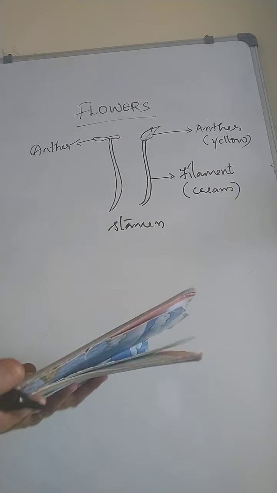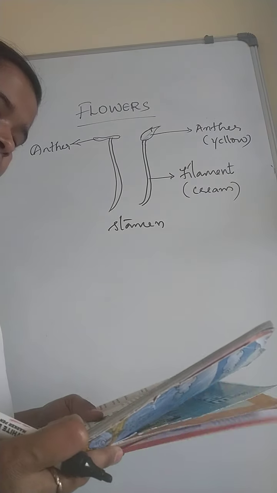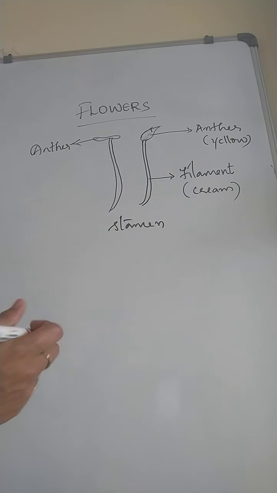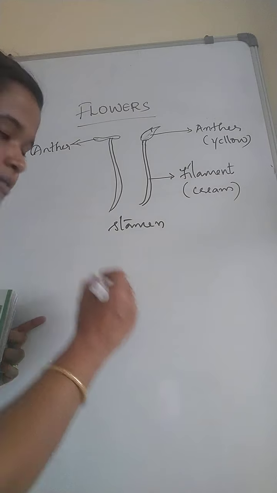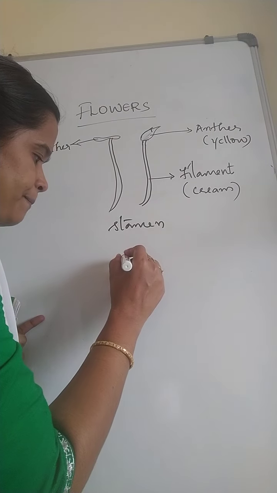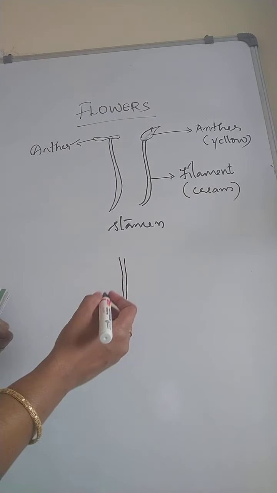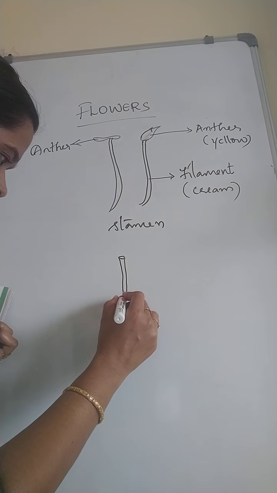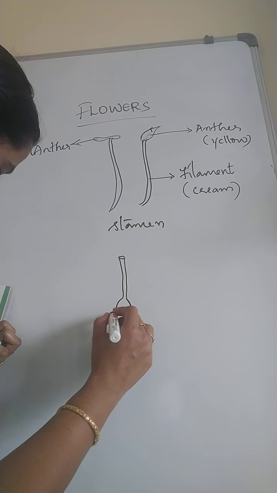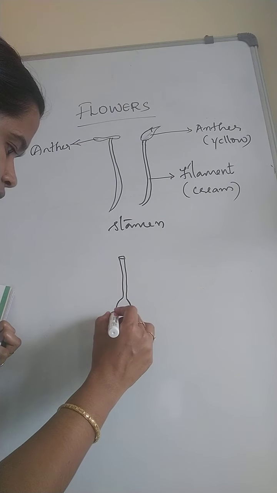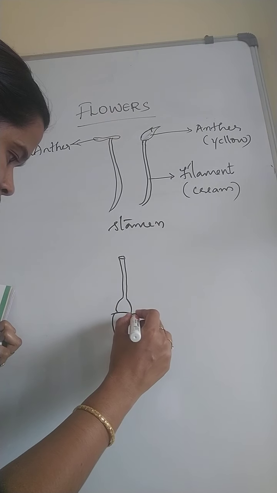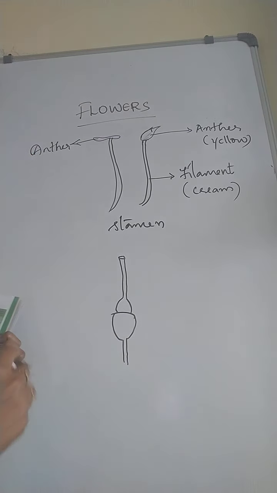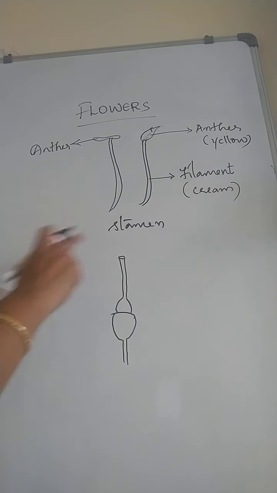Okay. The innermost part of the flower is called a pistil. So innermost, that means inside the flower, you can see a picture like this.